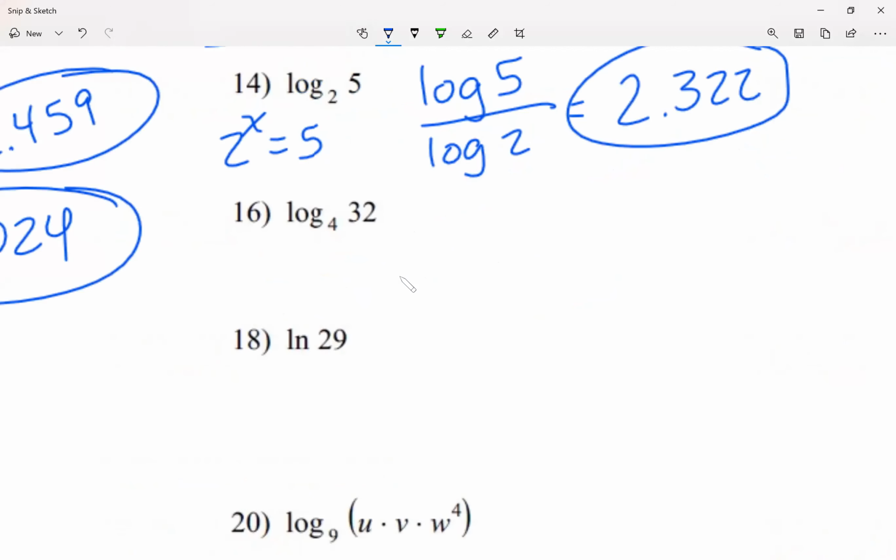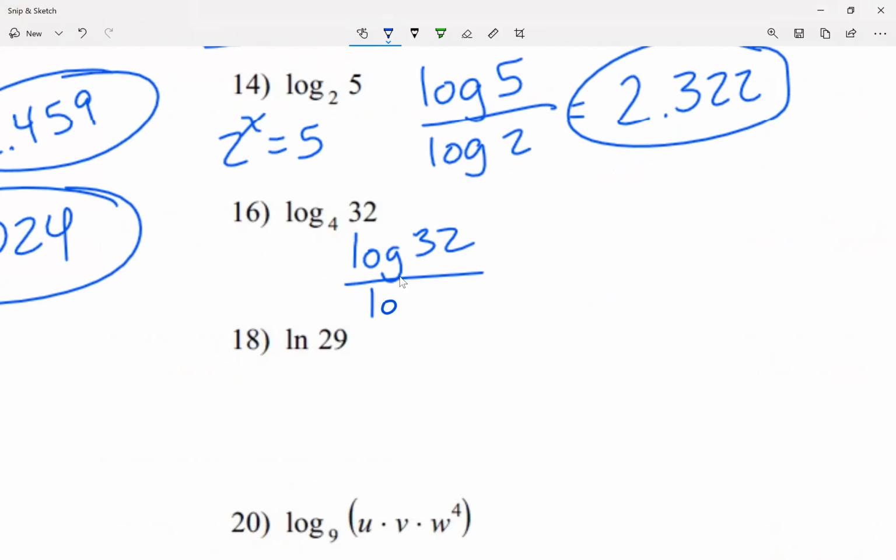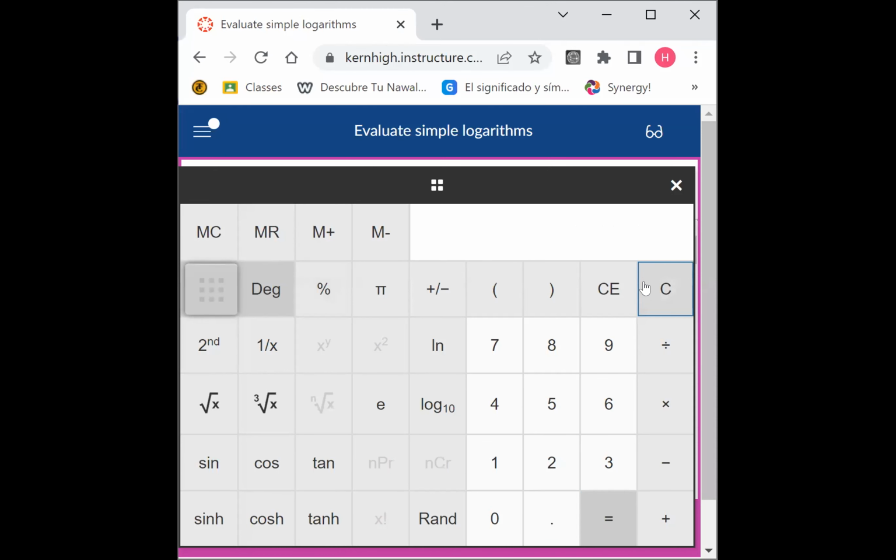Take a look at question number 16. Here I'm going to go log of 32 divided by log of 4. Take a look at our calculator here. Clear this out.